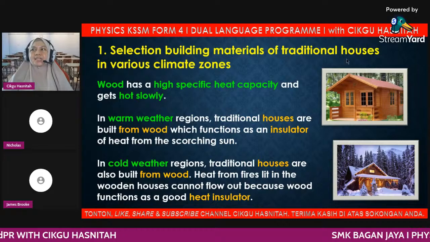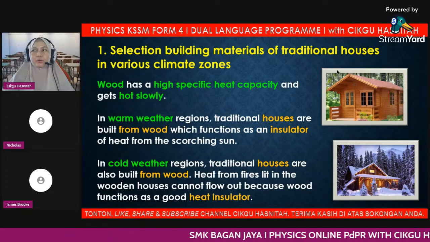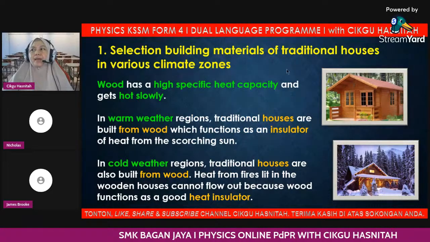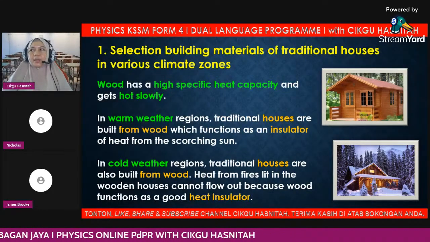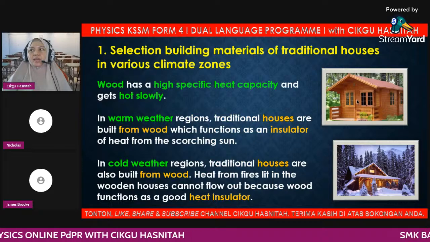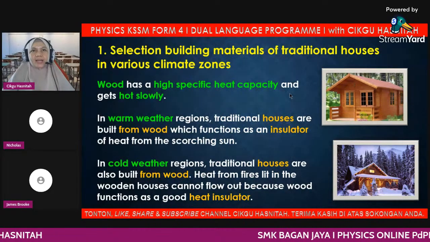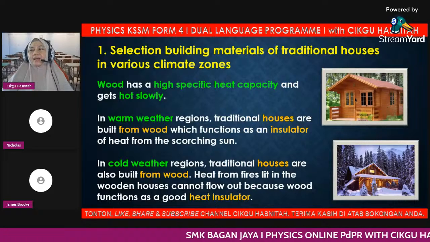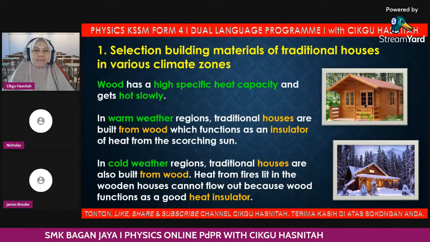Outside is very hot, especially during the afternoon, so the wood will prevent the heat from entering the houses. The temperature inside will be lower than the temperature outside, so it will protect the owner of the house from extreme heat.